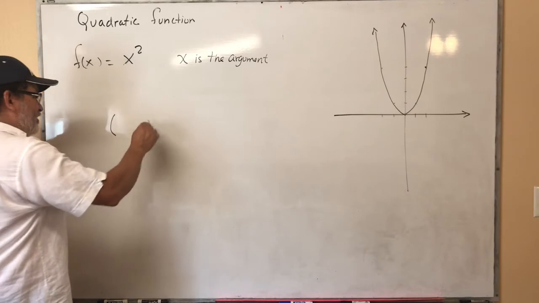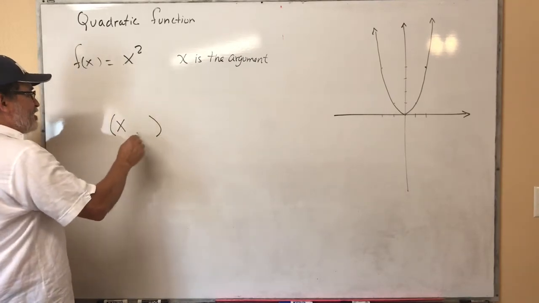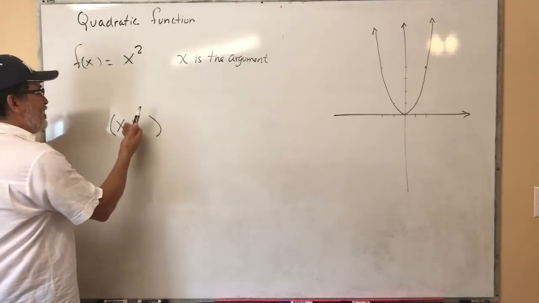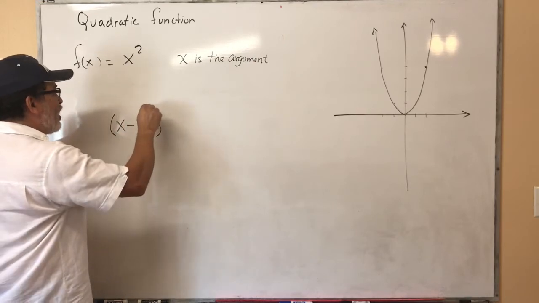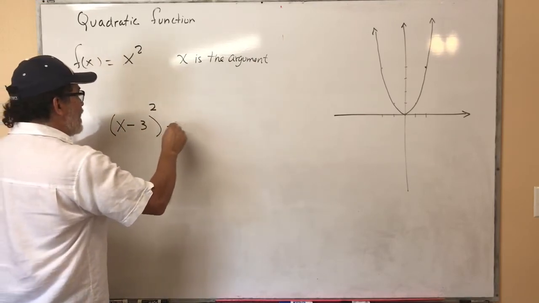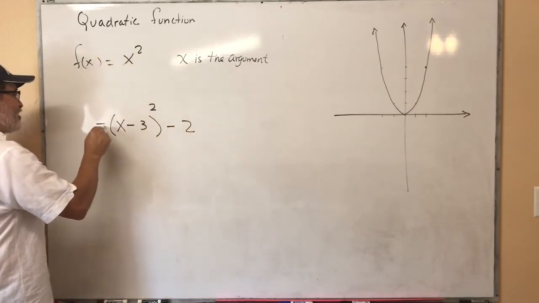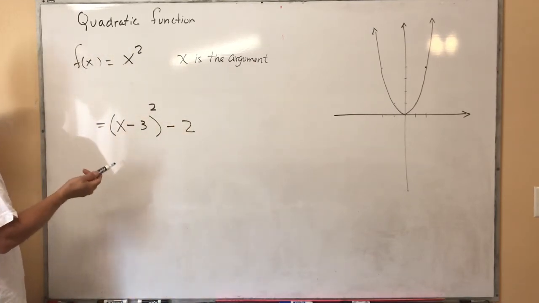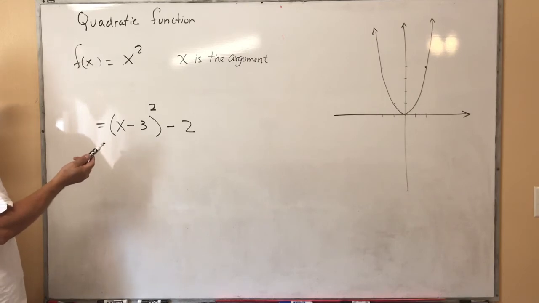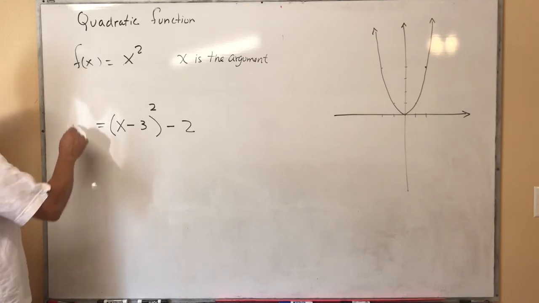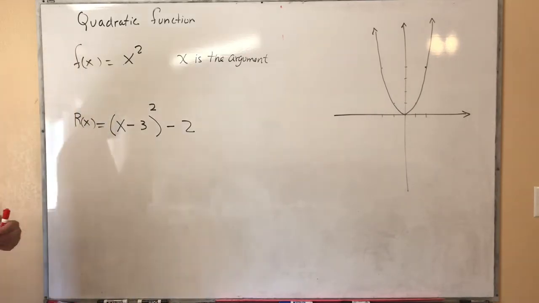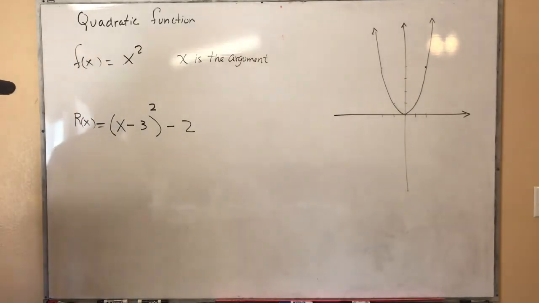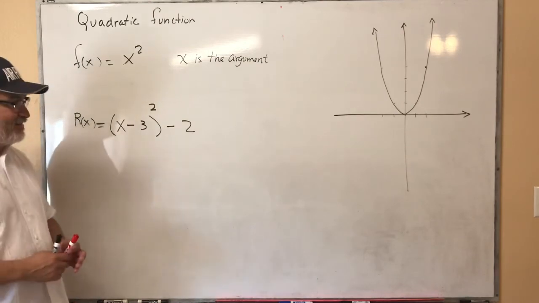Okay, so this is x minus 3 quantity squared minus 2, and I'm going to call it, what should I call it now? Can I call it R of x? Sure. All right.